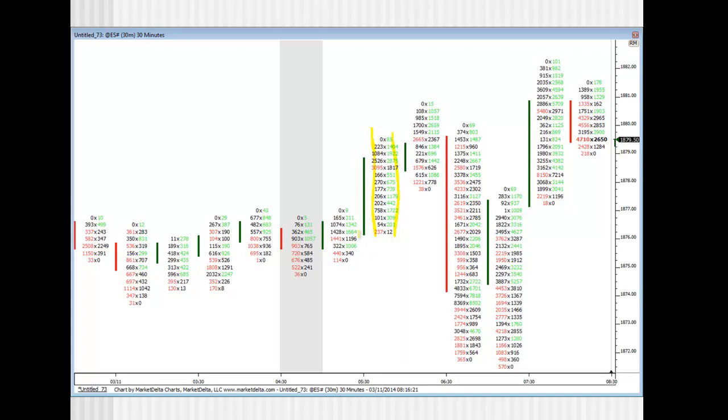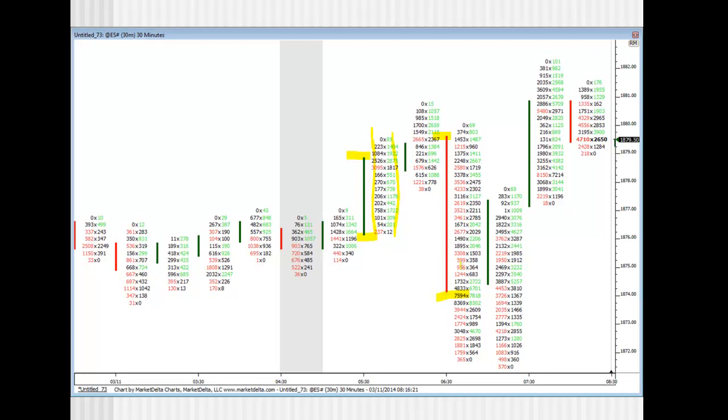This bar here is what's known as the close bar. So since this is green, this was obviously the open, and this was the close. And here, this must have been the open, and here's the close, because this is a red bar.